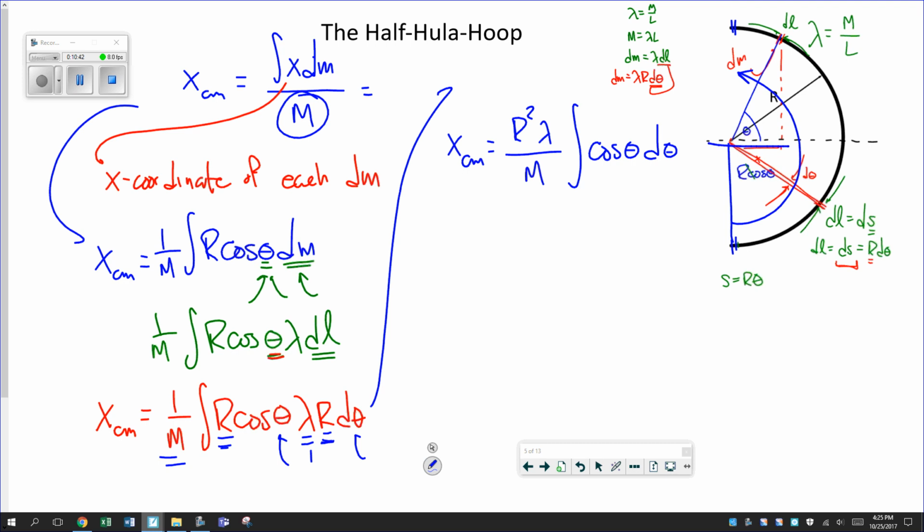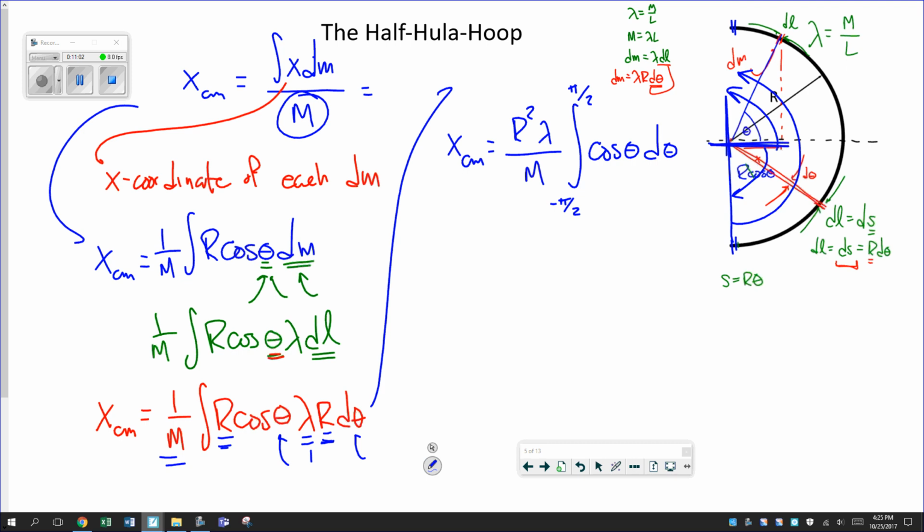So our first one is there, our last one is here. So we are evaluating from negative pi over 2 to positive pi over 2. Some would say negative 90 degrees to positive 90 degrees.